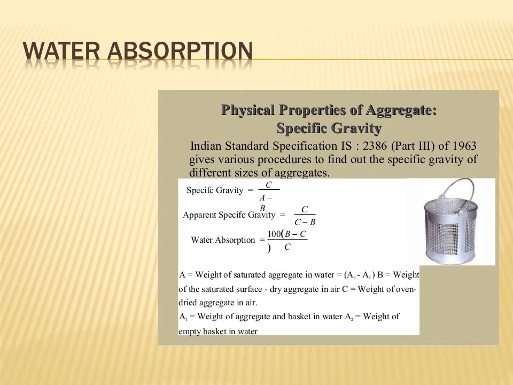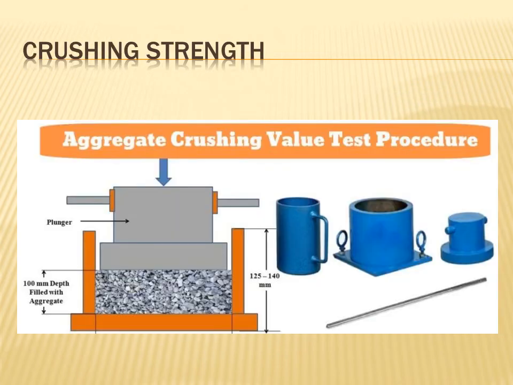For water absorption, density basket and pycnometer bottle for fine aggregate. This is for crushing strength determination, the crushing strength mold. Hope you guys remember the procedure.